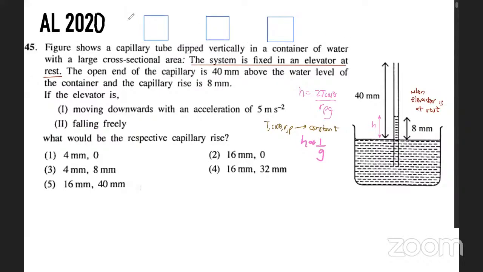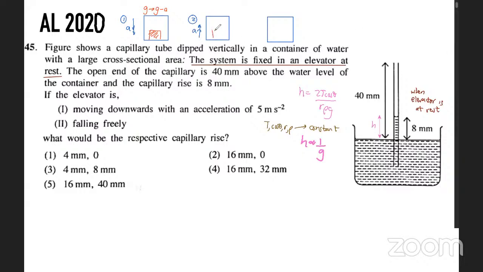The first scenario, if the elevator is moving downwards with an acceleration, the gravitational acceleration experienced by an object inside the elevator will be g minus a. And the second scenario is when that object experiences an acceleration in the upward direction.